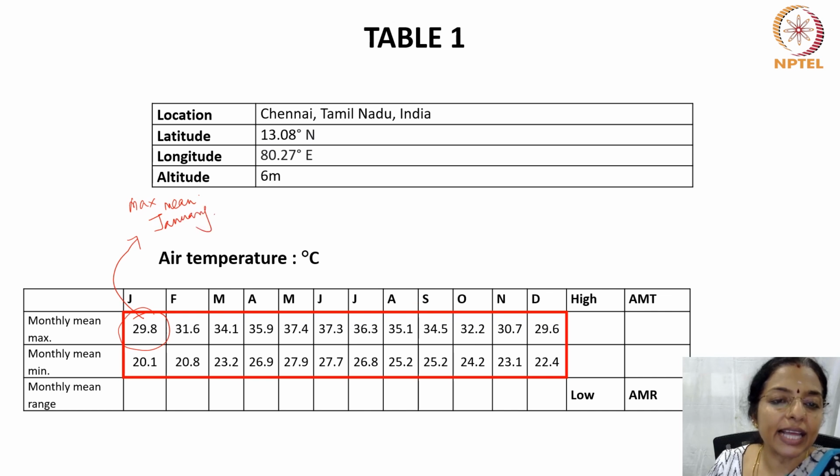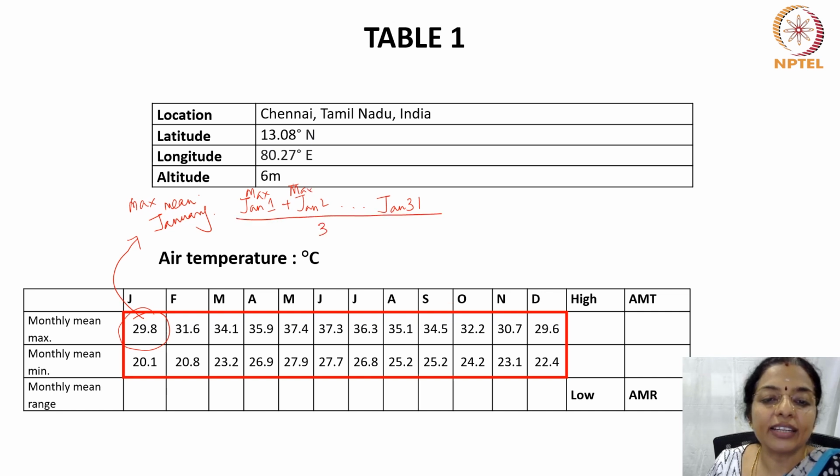It means Jan 1 plus Jan 2 to January 31st, whatever is the maximum temperature of that day, divided by 31. That is this data.